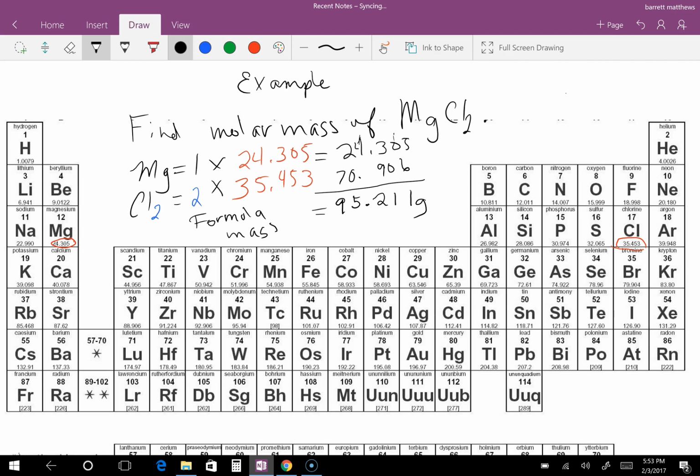And then all I have to do is put this over 1 mole. So 95.211 grams over 1 mole. And that will be the molar mass of magnesium chloride.